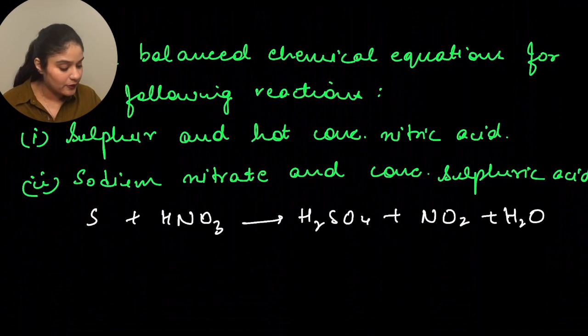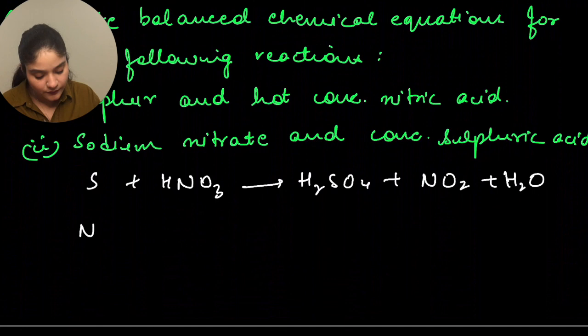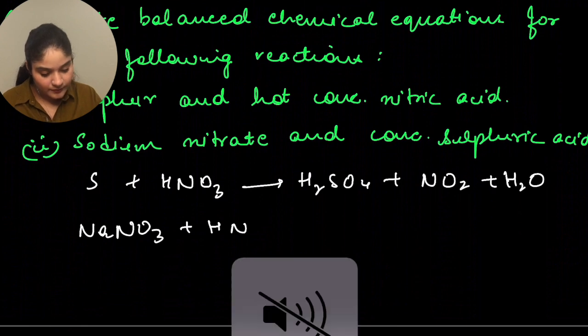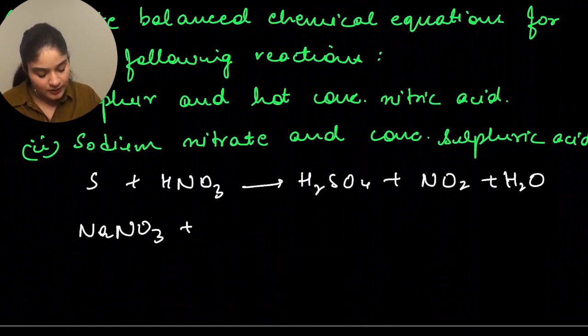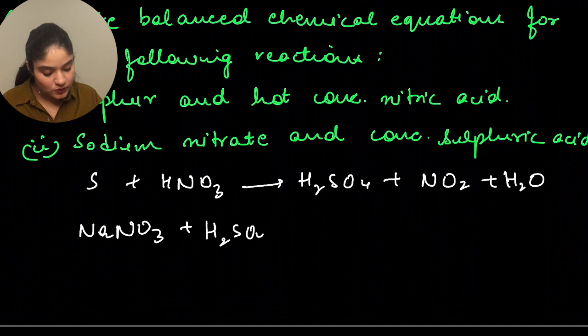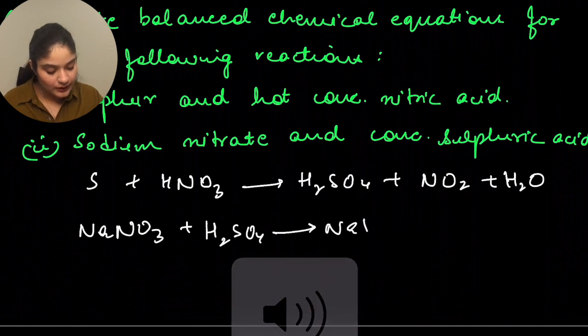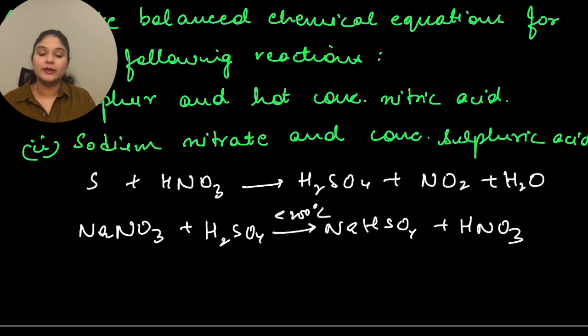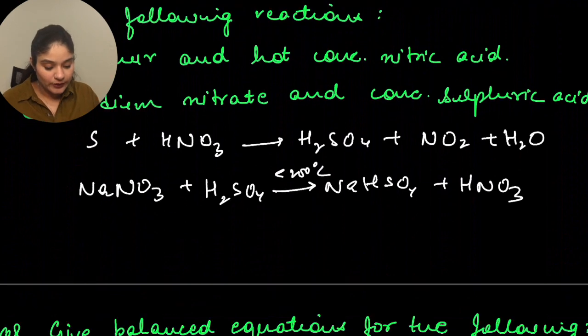And sodium nitrate and concentrated sulfuric acid: NaNO3 plus H2SO4 will give you NaHSO4 plus HNO3, and the condition you have to mention is below 200 degrees Celsius.